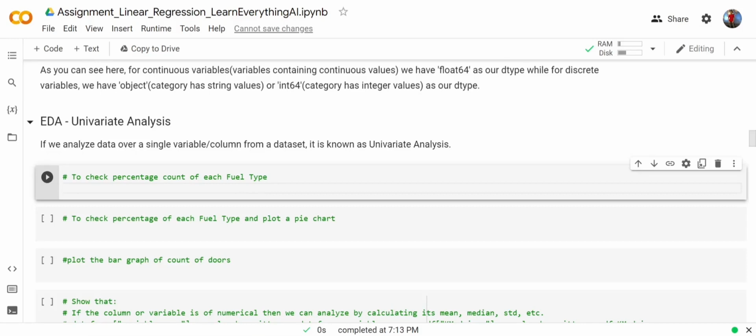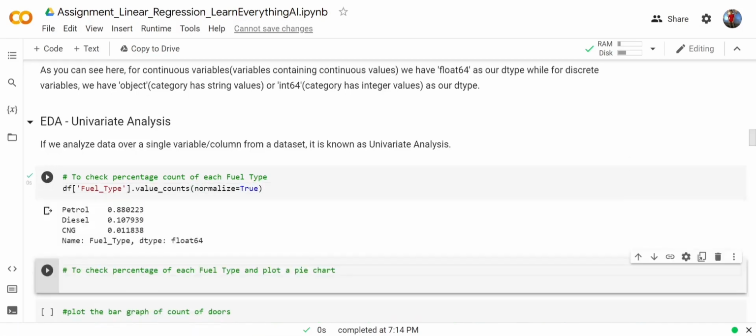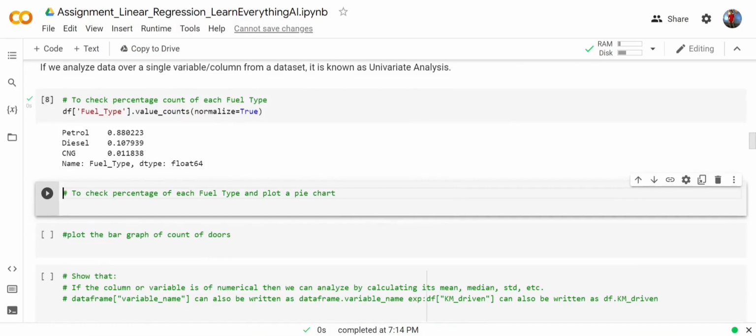So let us start with how many of our cars use each fuel type. We'll do that by using percentage analysis. So we take this column and we call the value_counts function on it. And as we can see, 88% of our cars run on petrol, while the remaining 10% run on diesel, and a very paltry amount of them run on CNG.